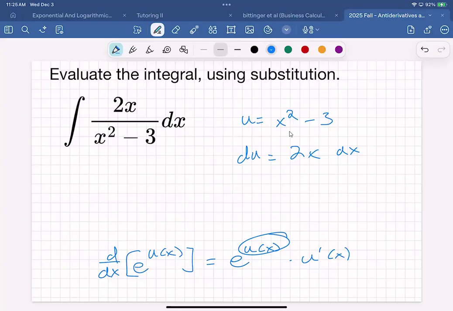Specifically, what we're saying is, instead of writing this, what letter are we going to put in its place? U. It helps make the denominator a lot easier to work with. Does everyone see what I'm doing here? So that we can come over here and say, I'm just going to call this something over u. Now, in order to do that, if I want to deal with this, I have to deal with this here.